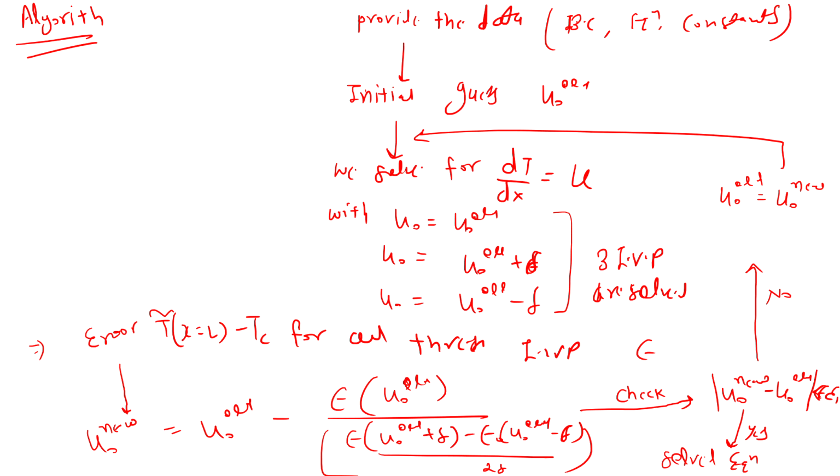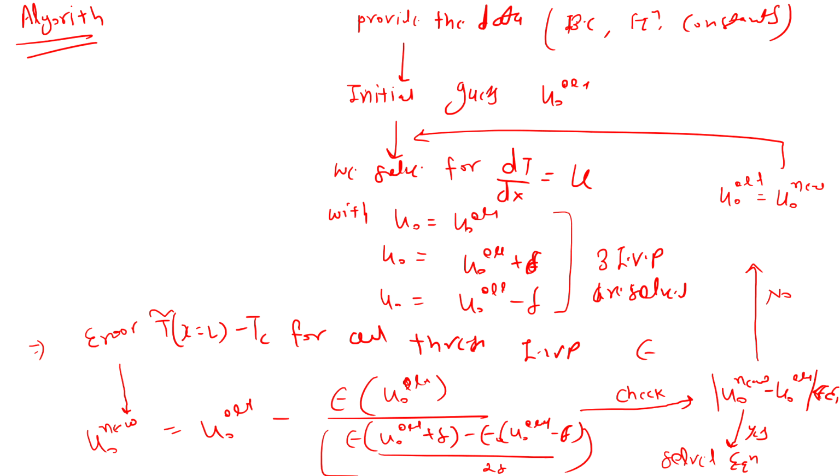So first the data and boundary conditions and the equations need to be provided. Then we will take the initial guess, that is u naught old, and then we will try to solve the initial value problem for the initial guess as u naught old, then u naught old plus delta, then the third IVP will be u naught old minus delta.